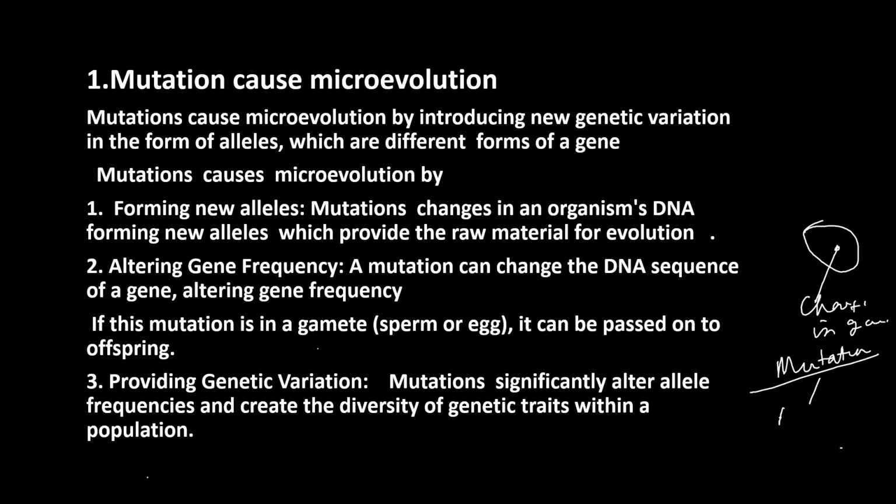Mutation is caused by various agents, one is physical agents, another is chemical agents. Due to the effect of these chemical and physical agents, mutation occurs, which completely changes alleles and ultimately forms new species.